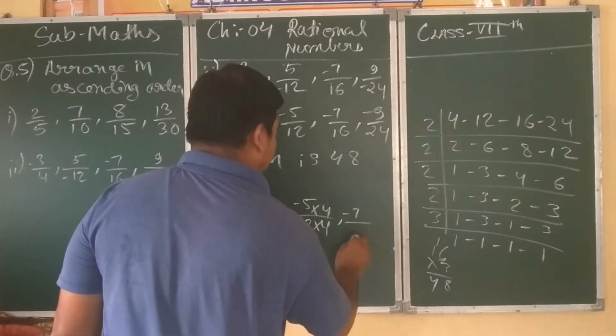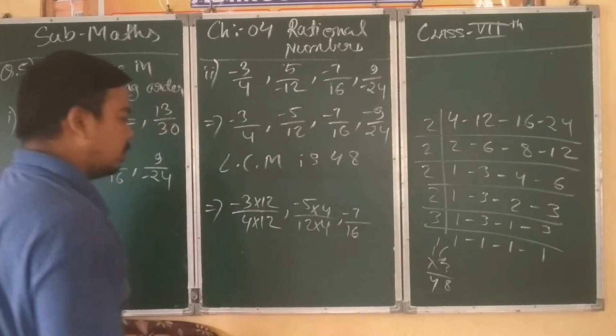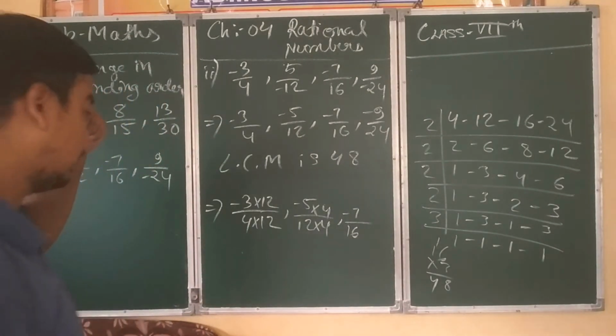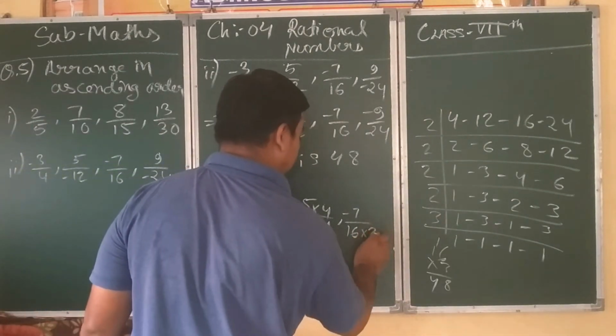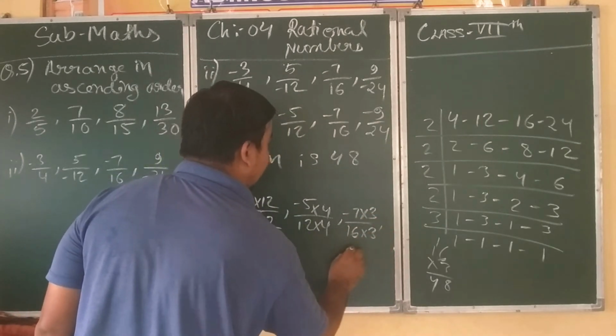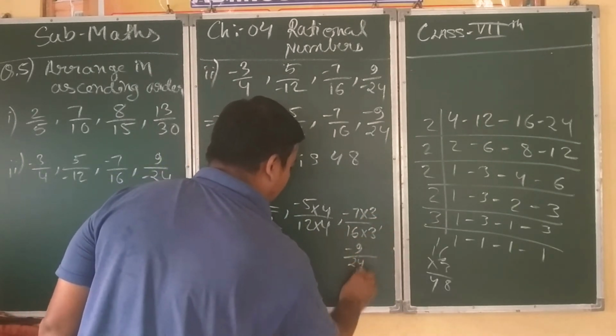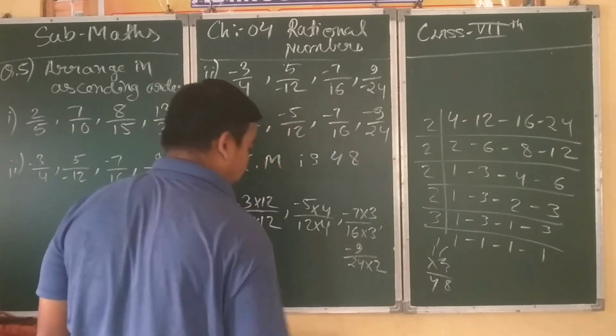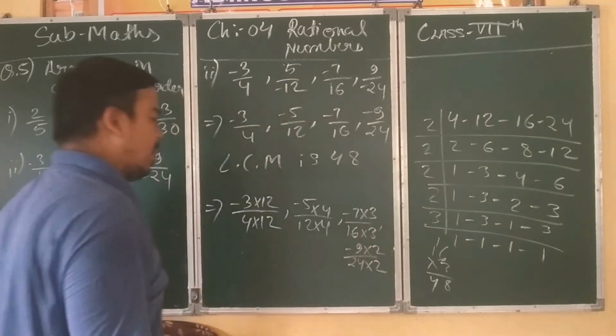Then minus 7 by 16 is multiplied by 3, so the numerator is multiplied by 3. The next, minus 9 by 24, is multiplied by 2, so the numerator is multiplied by 2.